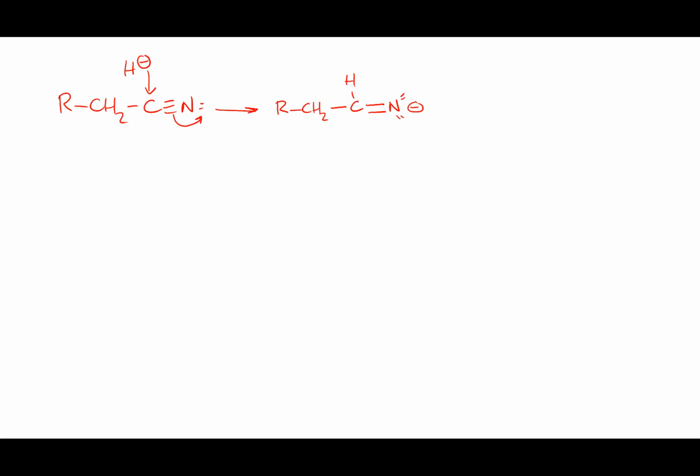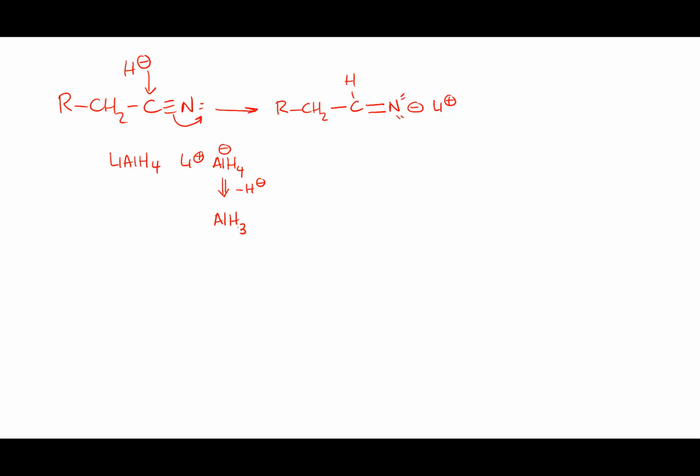The nitrogen has the negative charge. Now, the lithium aluminum hydride is made up of a lithium plus and an AlH4 minus. So when that AlH4 minus loses an H minus, it becomes a neutral AlH3.